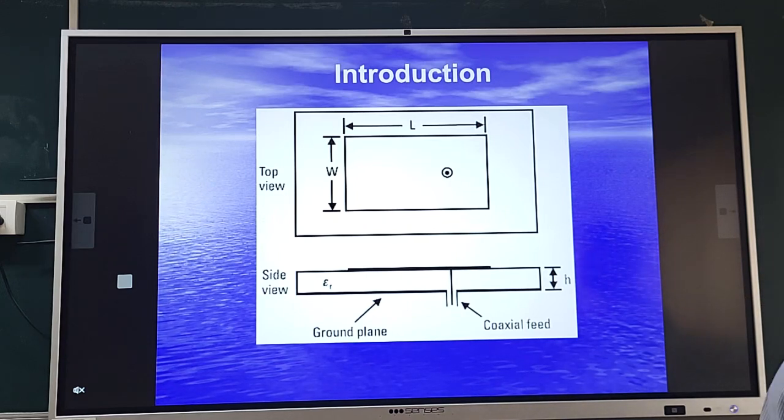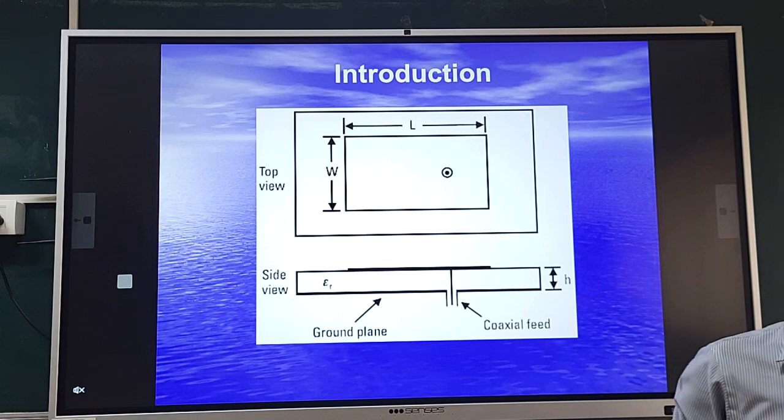Whenever you are designing a microstrip antenna, the substrate has to be selected based on whether you want a lossy one or a non-lossy one. For non-lossy, definitely the price is higher, because if you purchase RT Duroid substrate, it may cost you around 15 to 20,000 for 1 foot by 1 foot. So the more efficient the design you go for, the more cost you pay.